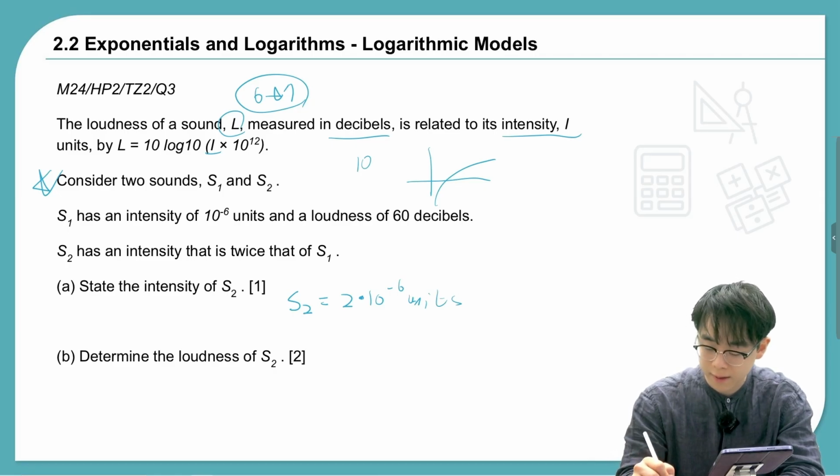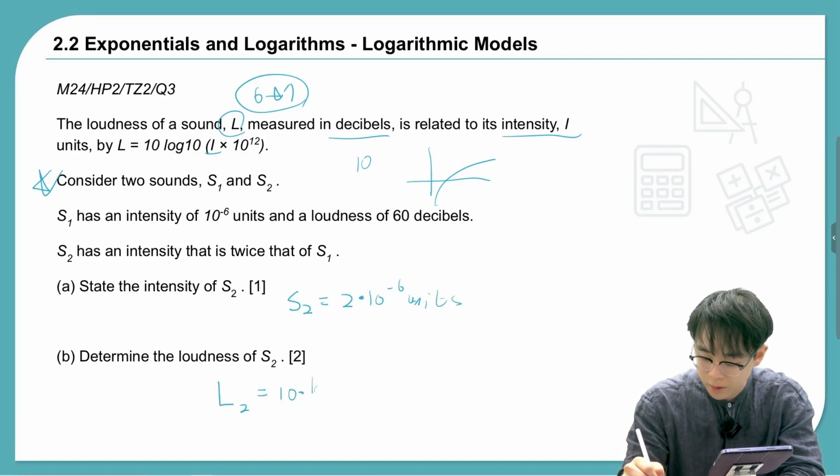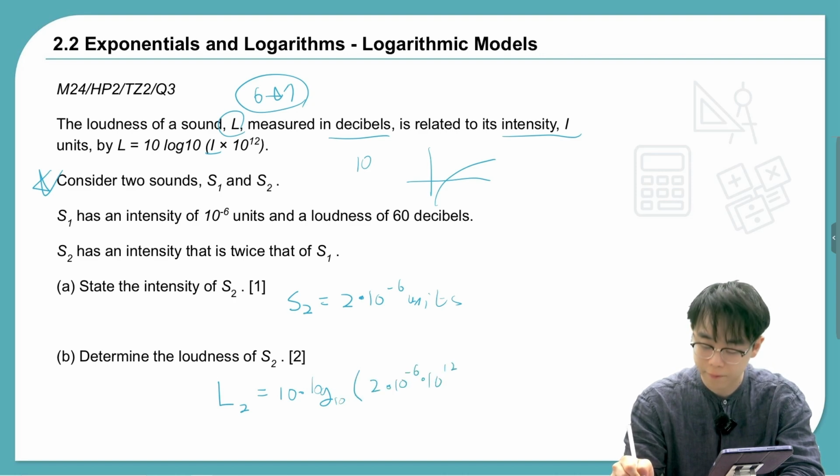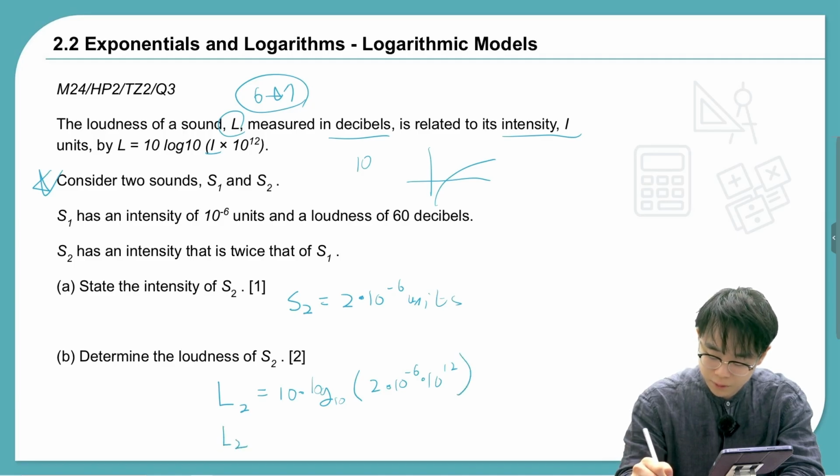In order to find the loudness of S2, if you want to find L2, we just plug that into log base 10 of 2 times 10 to the negative 6 times 10 to the 12. So L2 is going to be 10 times log base 10 of 2 times 10 to the 6.